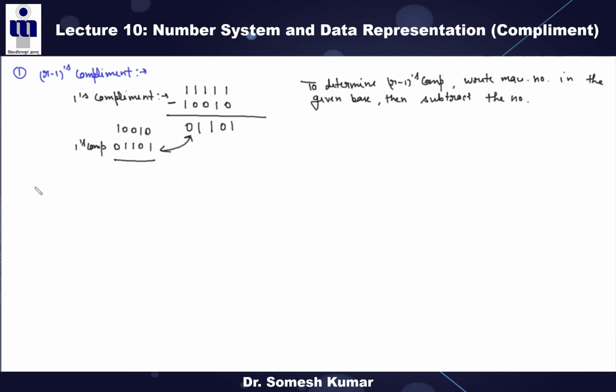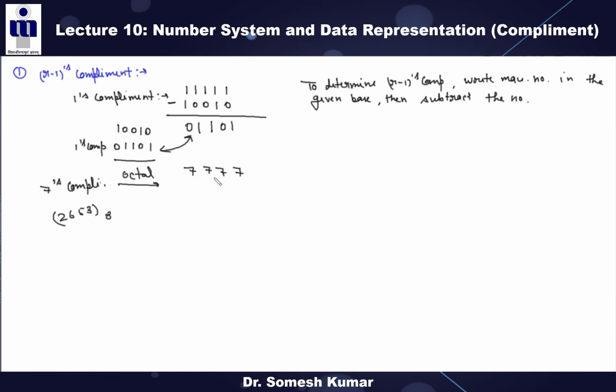7s complement. This is basically an octal number, where the base is 8. What is the maximum number of this octal? I am taking 4 digits, so 7777. It is given to find the 7s complement of this number.